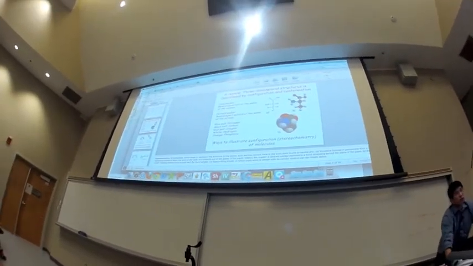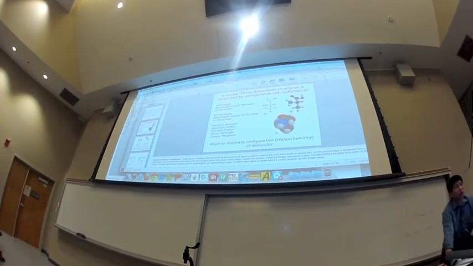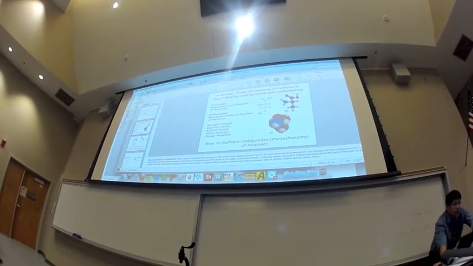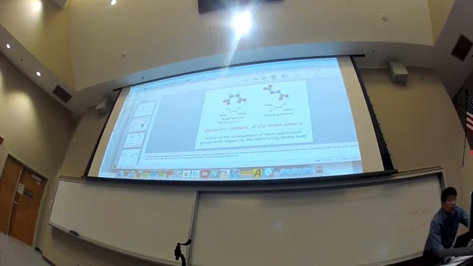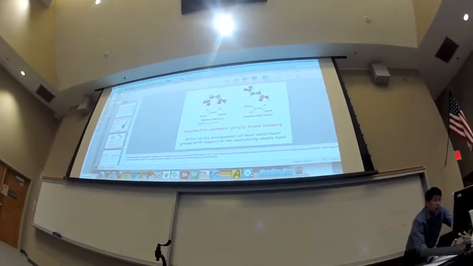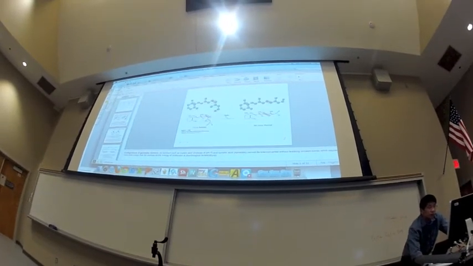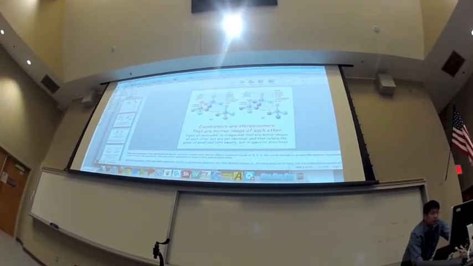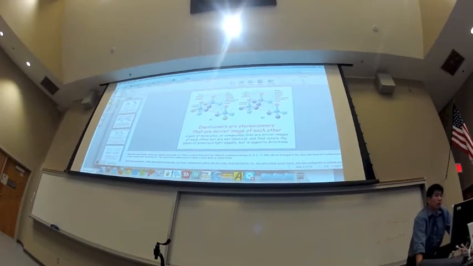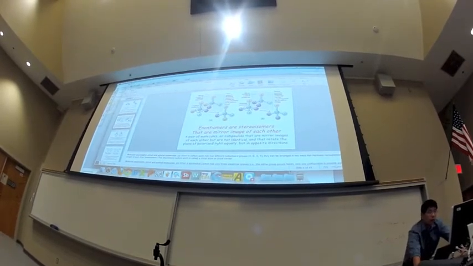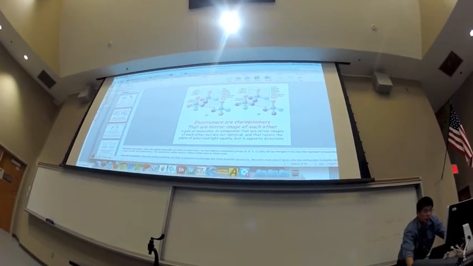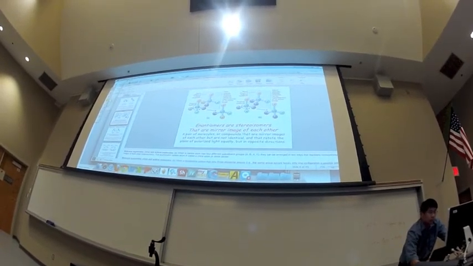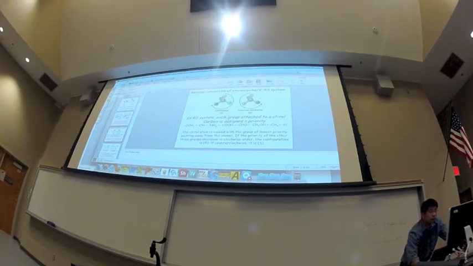Okay, you need to understand what is the configuration and conformation. In a cis-trans isomer, in enantiomers or stereoisomers that are mirror images of each other, when you rotate, they don't superimpose with each other. Remember this?